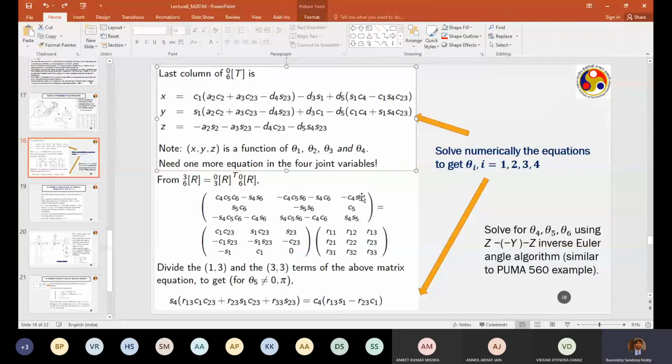When you divide this term here with this term of the above matrix equation, just one second, first row third column divided by third row third column, yeah.